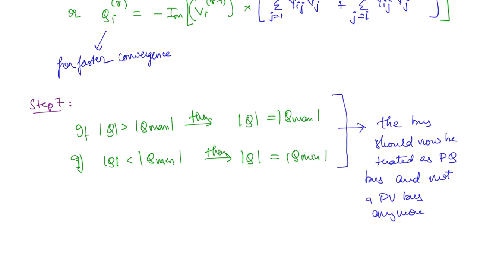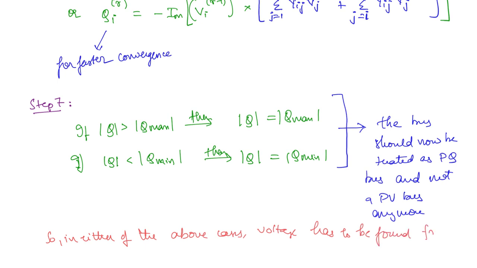If it is a PQ bus, then you have to find out its voltage. So in either of the above cases, voltage has to be found from steps 4 and 5.